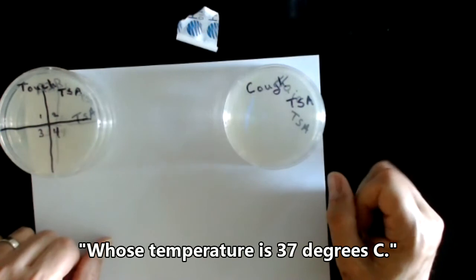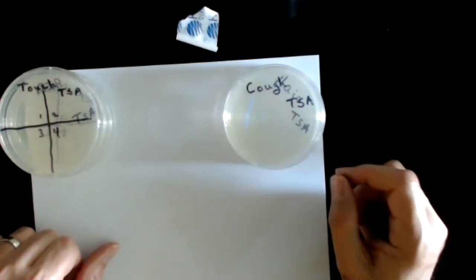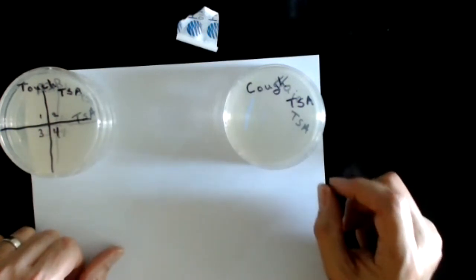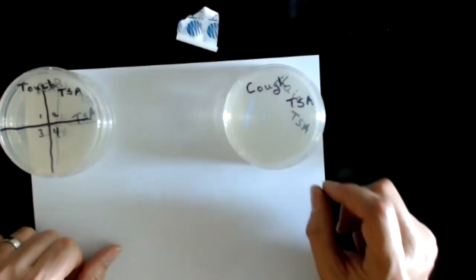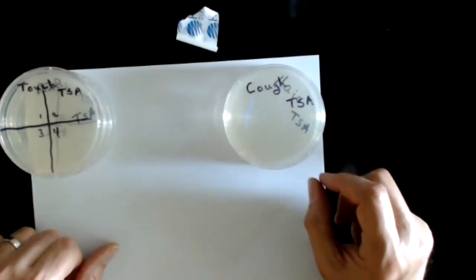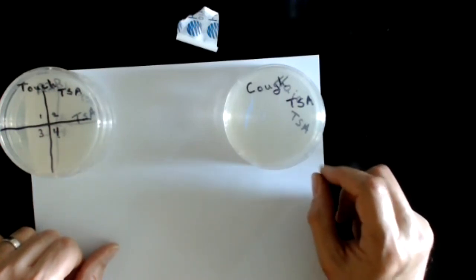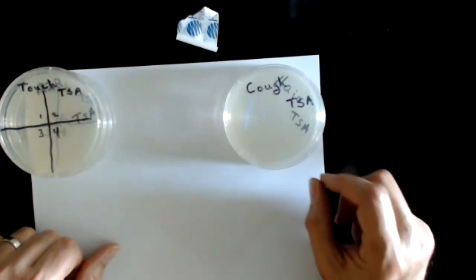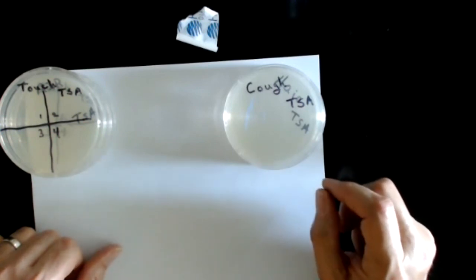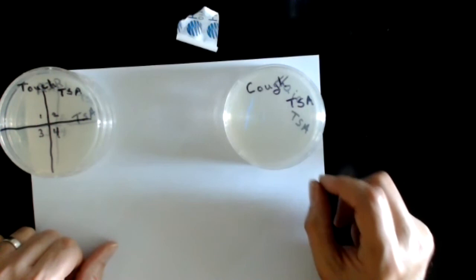Why would we use 37 degrees C? Well, 37 degrees C is equal to 98.6 degrees Fahrenheit. And as hopefully most of you would recognize, 98.6 degrees Fahrenheit is considered to be a normal body temperature.